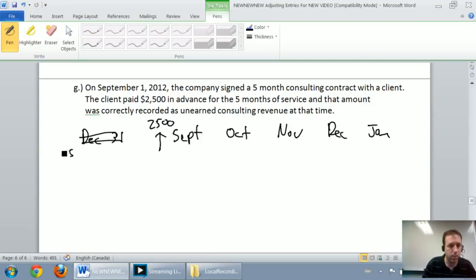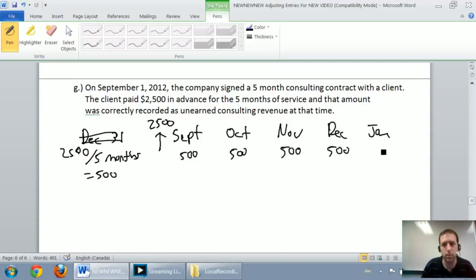So again, the math: $2,500 for 5 months means each month is $500. So that means September we're going to earn $500, October $500, November $500, December $500, and January $500. That's assuming that the revenue is earned steadily. I think it's a fair assumption here.